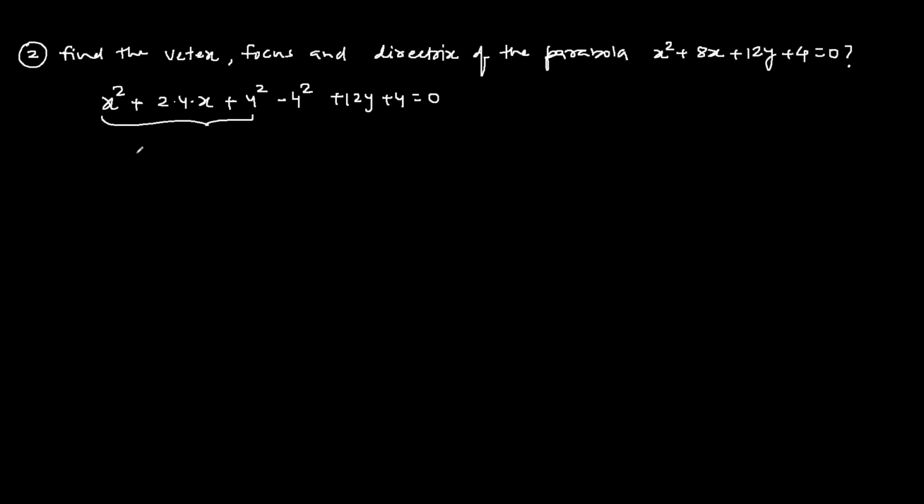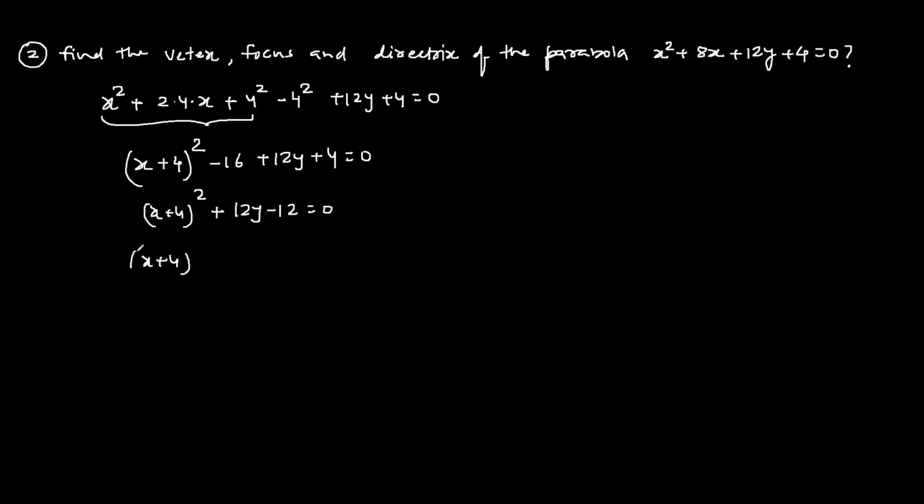So from the first three terms we can write (x plus 4) whole square. Then we have minus 16 plus 12y plus 4. So (x plus 4) square plus 12y minus 12 equal to 0.